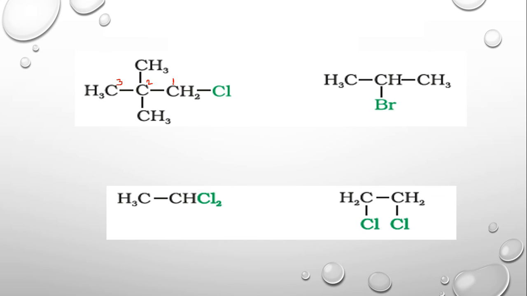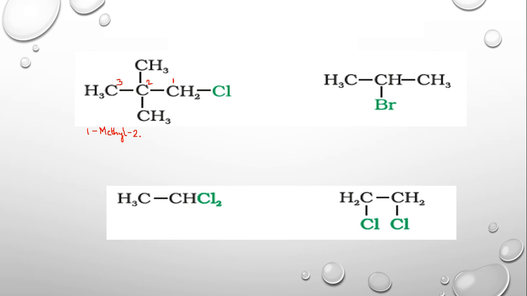Now the same case, you have Cl attached to the first carbon atom and 2 methyls attached to the second carbon atom. Okay, now as per the alphabetical order, Cl, that is chloro, comes first and then methyl comes. Okay, M. So the IUPAC name is going to be 1 chloro, methyl, give a dash.